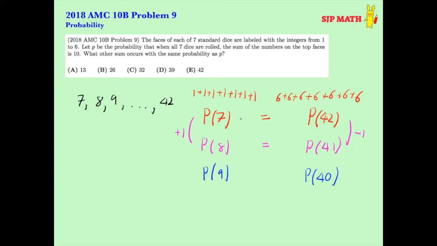So if we look here, to get from a sum of 7 to a sum of 9, we have to add 2 ones. So we have to add 2 ones. So we can either add 2, or we can just add a 1 and then another 1.